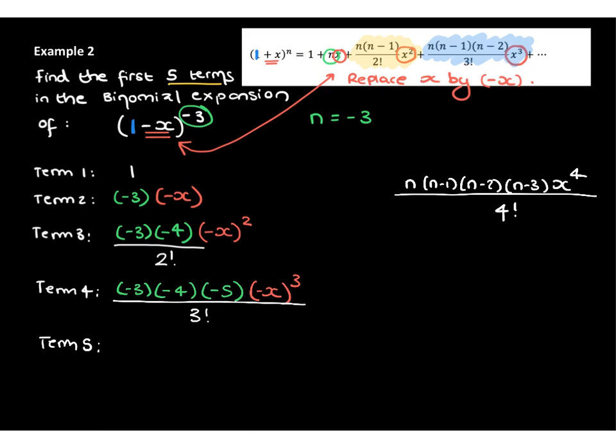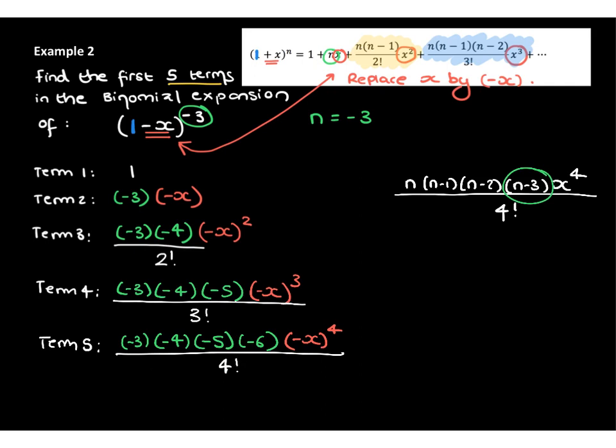So let's substitute in. So that's -3, -4, -5, and then we're up to n take away 3, which is -6, all multiplied by x to the power 4, which is -x to the power 4, and then the whole thing divided by 4 factorial.